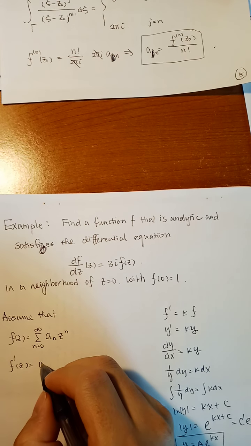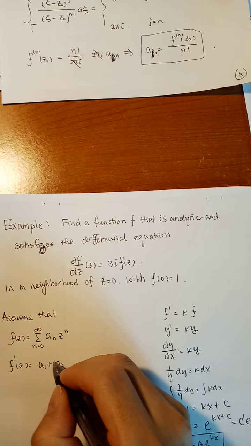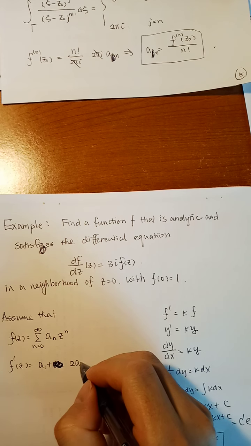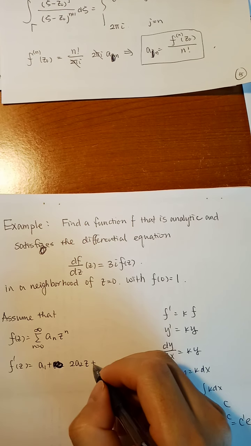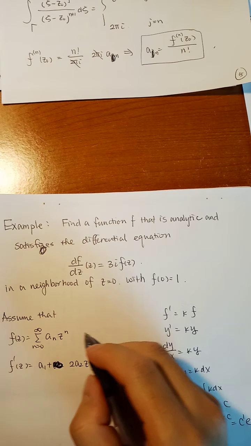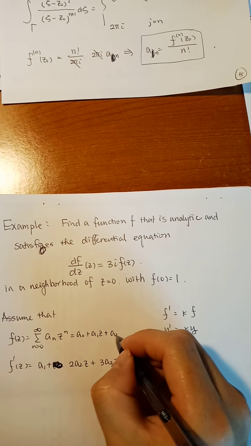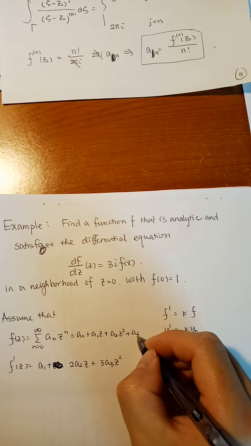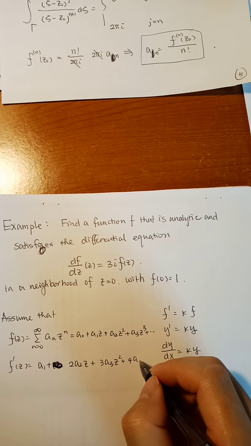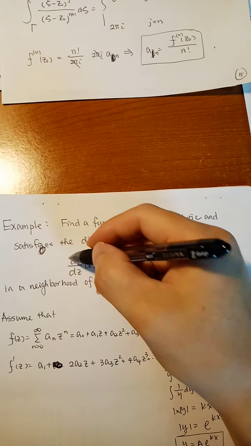F prime of z becomes a1, 2a2 z, and 3a3 z squared. Let's check here: a0, a1 z, a2 z squared, a3 z cubed. Then 4a4 z cubed. Go on, and then you get this equation.